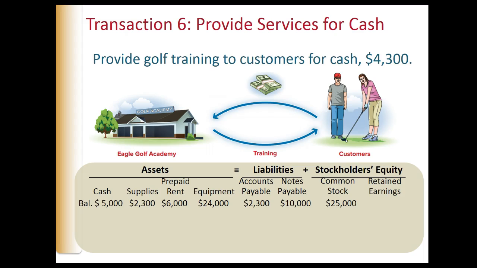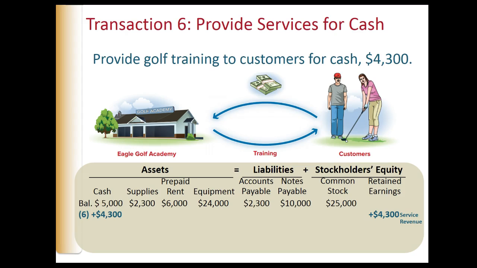So this transaction is where Eagle provides golf training to customers who pay cash at the time of service of $4,300. Now, providing training to customers for cash causes both assets and stockholders' equity to increase.